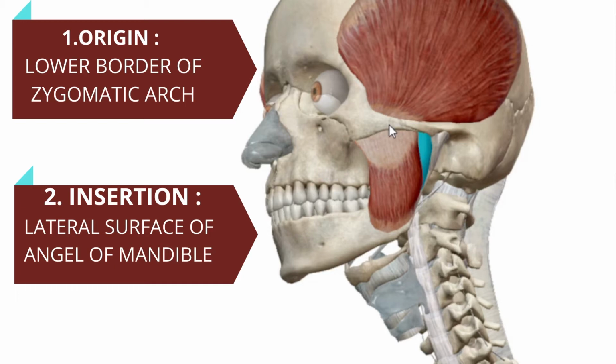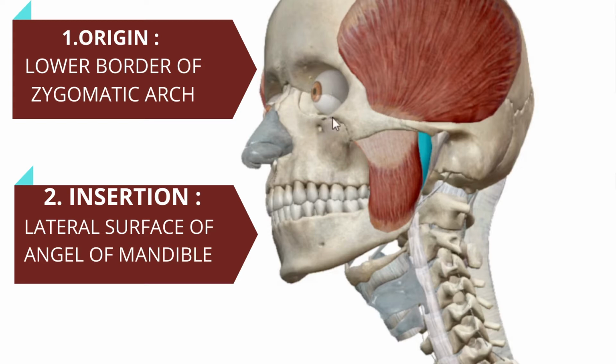For example, zygomatic arch. You can see the zygomatic arch can be found just in the line of the infraorbital margin. This is the orbit, clear, eyeball, this is the orbit. So over here the infraorbital margin, which is nothing but the upper border of the maxilla.